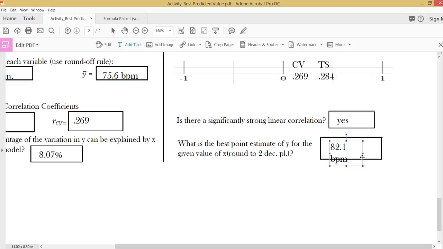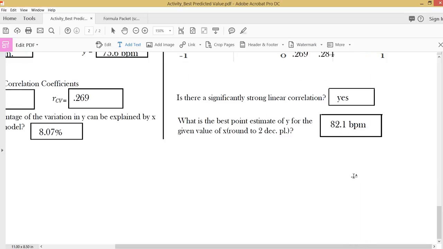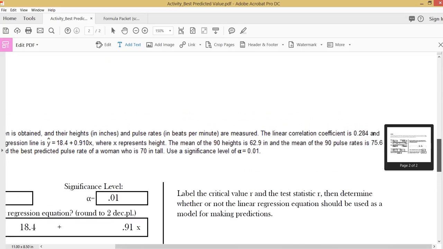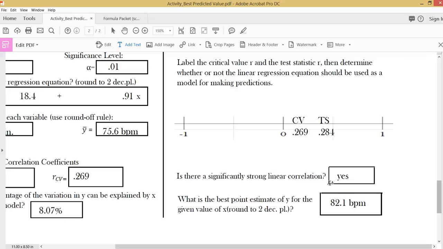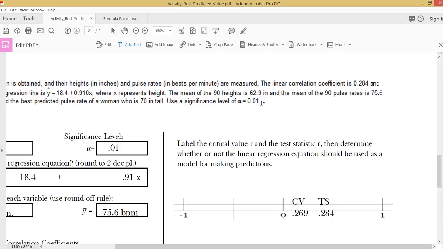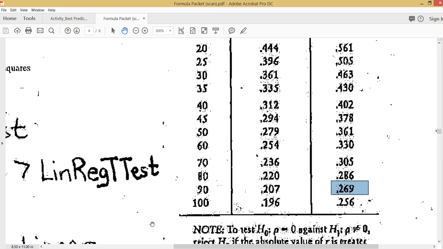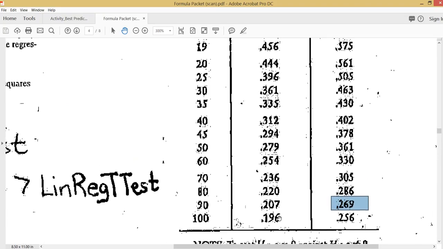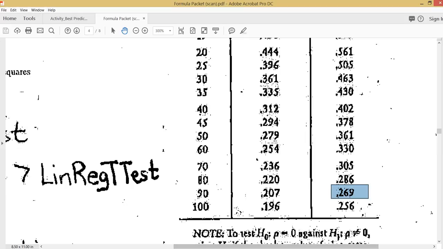All right. So that's how we roll with linear regression. To summarize, if your test statistic, the linear correlation that is reported in the problem about your data, beats the critical value that you find in this table, then you say you can use the line.